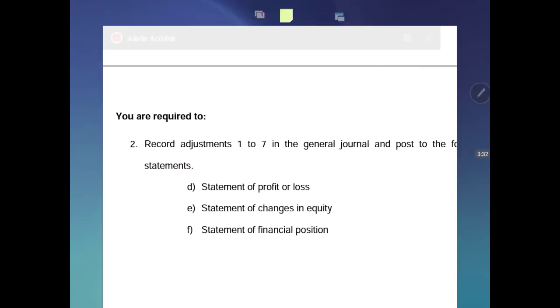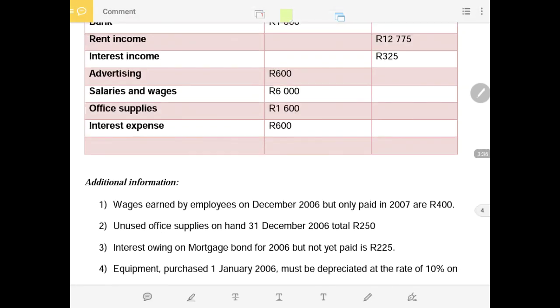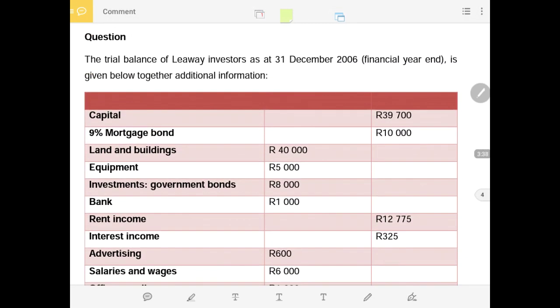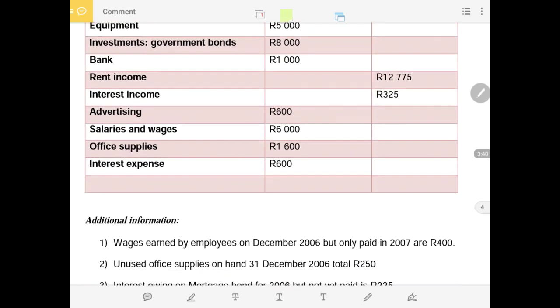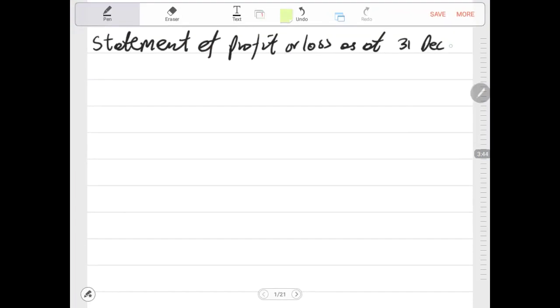I think it was the year 2006 that is given in this question. So now we are doing the books for the year ended 31st December 2006. We know that we start with the revenue.